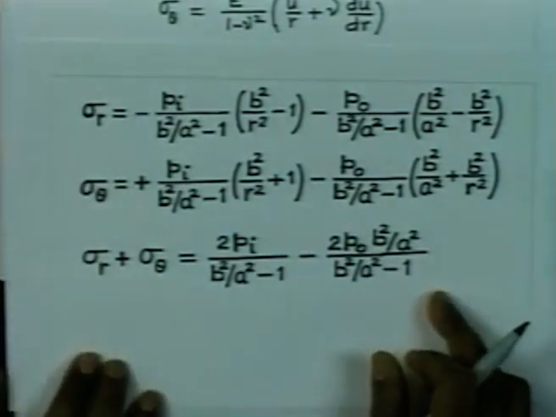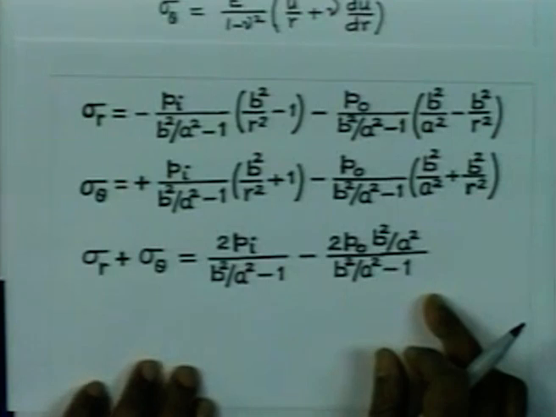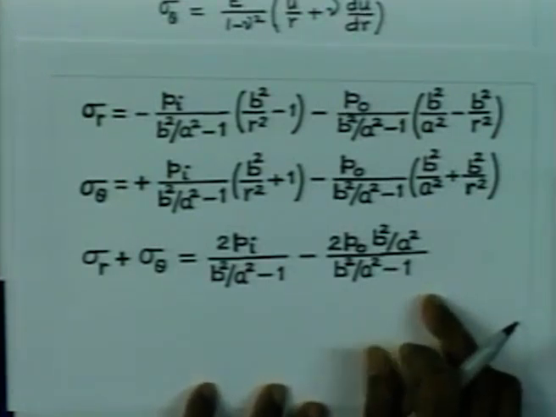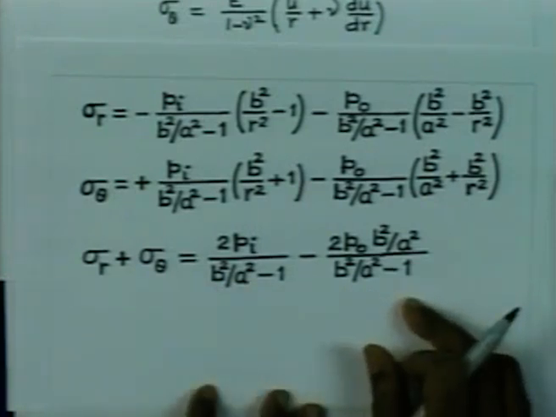So, the sum of the two stresses is independent of radius. This is something very important for the thick cylinder, that the sum of the two stresses is a constant.